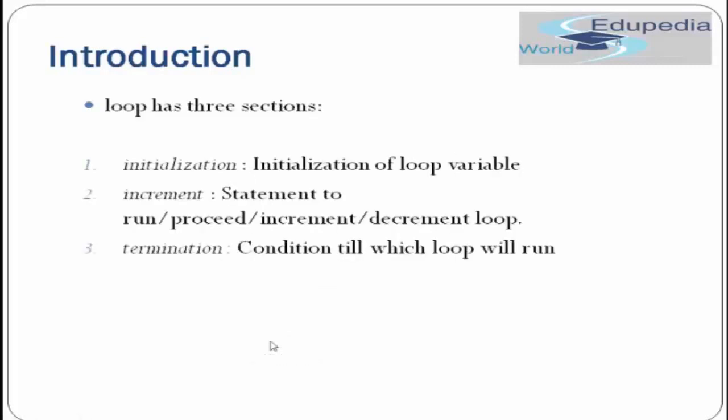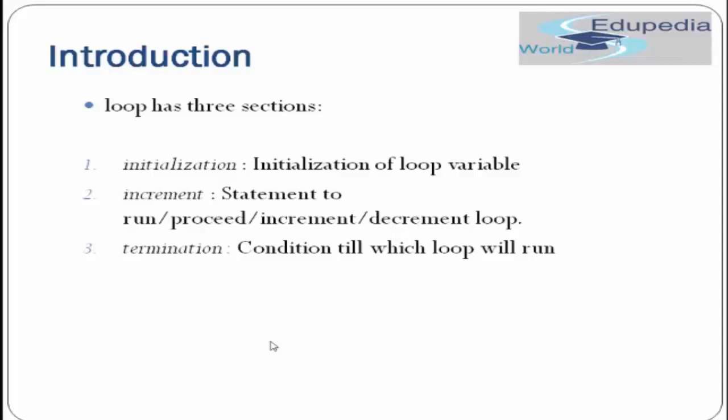Fine. So every loop has three sections. The three important sections that you need to know about loops are: first one is initialization. Initialization of the loop variable happens in this section. For example, the initialization can be as simple as int i equals 0. Then we have increment. In increment, the statement to proceed, increment or decrement the loop is there.